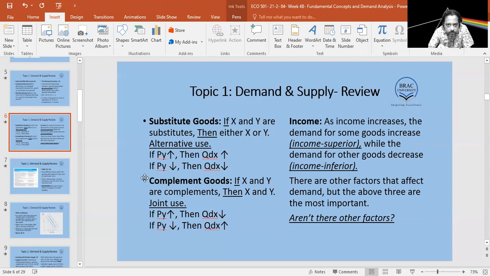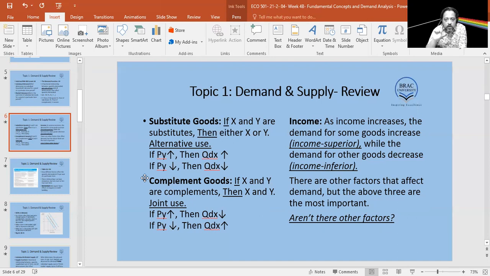Income is very funny. As our income increases, for certain goods, our demand increases. These are known as income superior goods. Right now, we are all students or we have just entered our professional life. So our income is less. As our income increases, our demand for high-end mobile phones will increase.